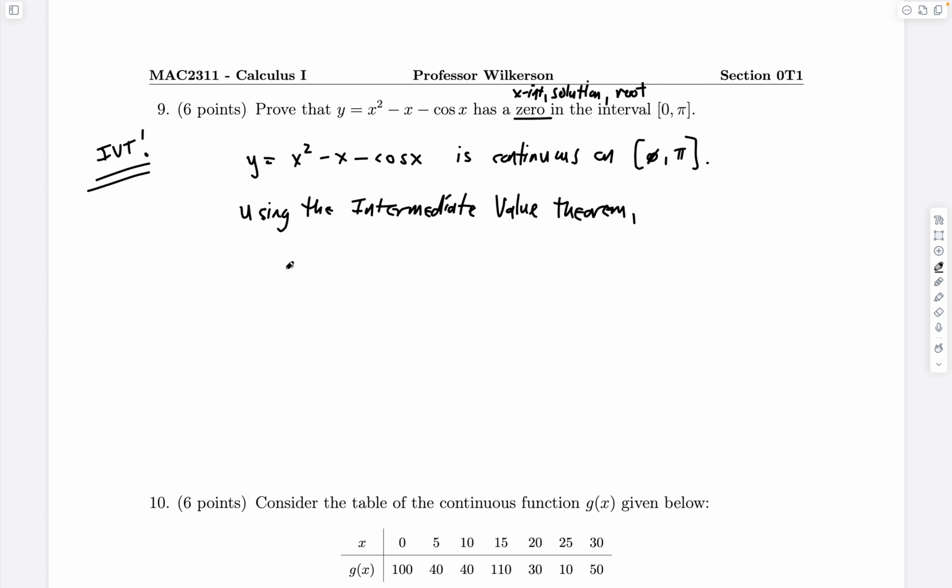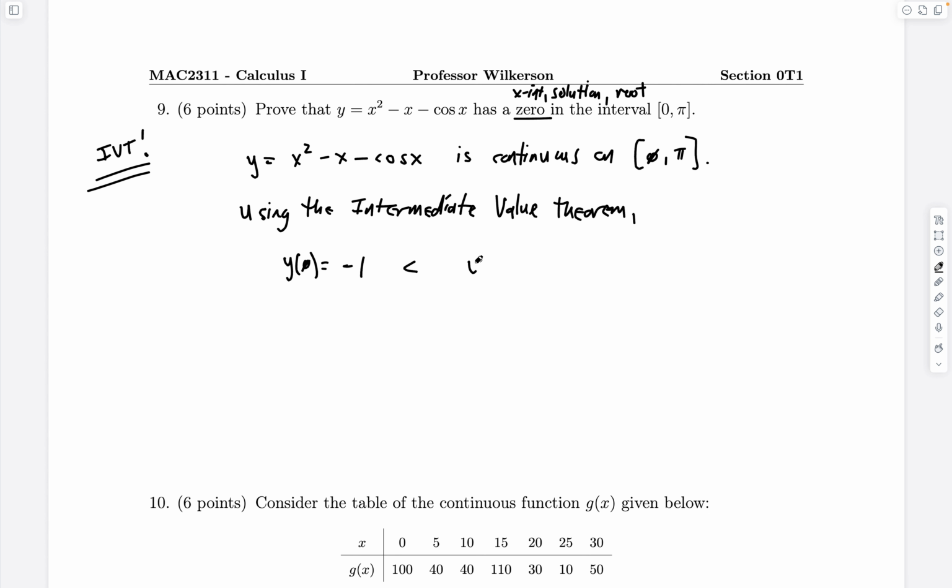So let's do y of 0. What happens when you plug in 0? 0 squared is 0, minus 0 is 0, minus cosine of 0. Remember, cosine of 0 is 1 from the unit circle. So it's 0 minus 0 minus 1. My height there is minus 1.